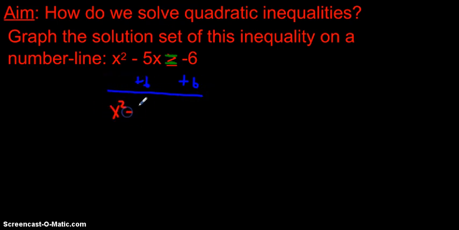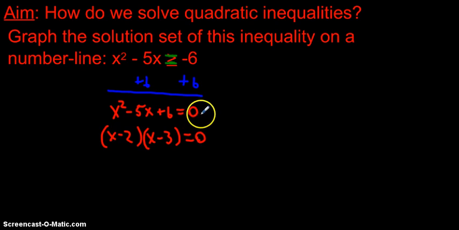x squared minus 5x plus 6 equals 0. Now we're going to factor, so that will become (x minus 2)(x minus 3) equals 0.